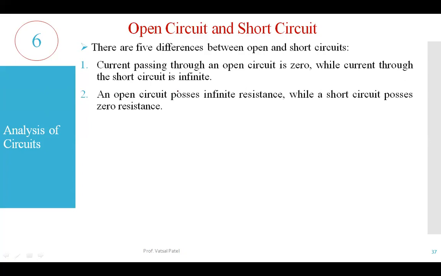If you have the open circuit, and you identify the value of the resistance using Ohm's law, then R is equal to V by I. If you assume that current is equal to zero, then R will tend to infinite. The same unit, whatever we discussed in the last session, we are discussing right now.